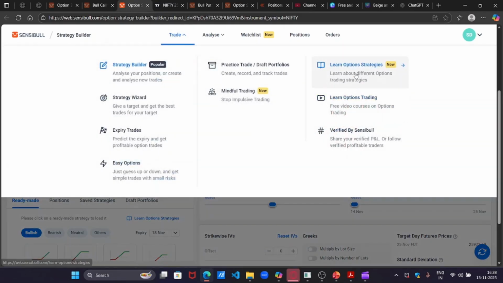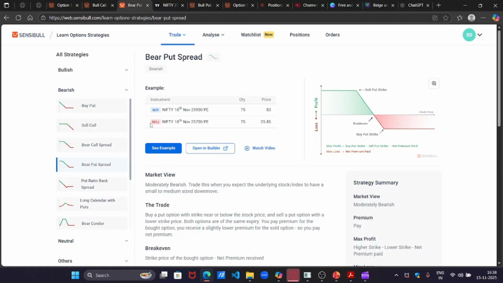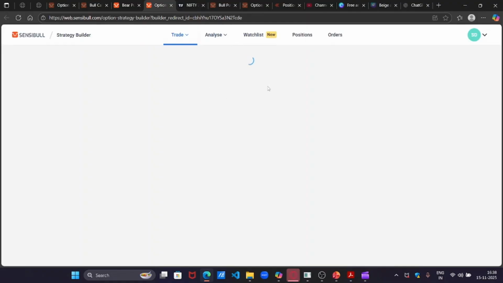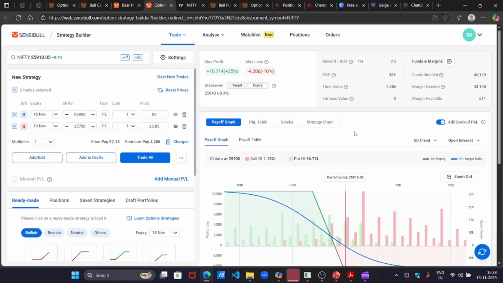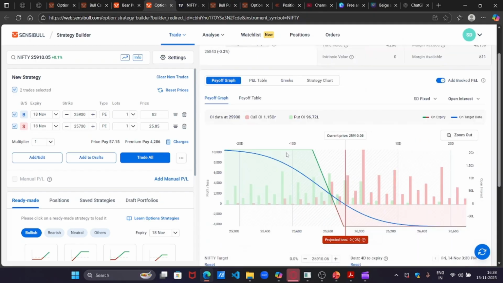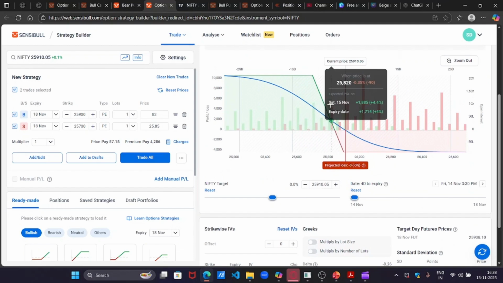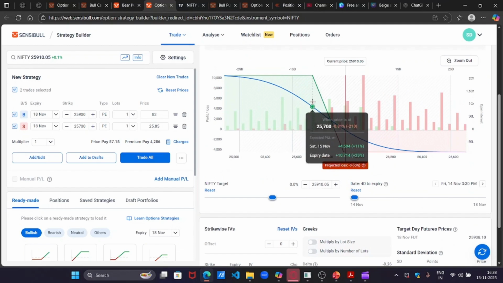Similar thing if we go and check for the bearish. So in bearish, we will be having bear put spread. Here you can identify you're buying at a higher price, selling at a lower price. Go in the strategy builder, and here if you see, if our view is that it will go below 25,700, I should make profit, and it will go very fast below this, then I'll make a strategy so that it makes profit around 25,700.